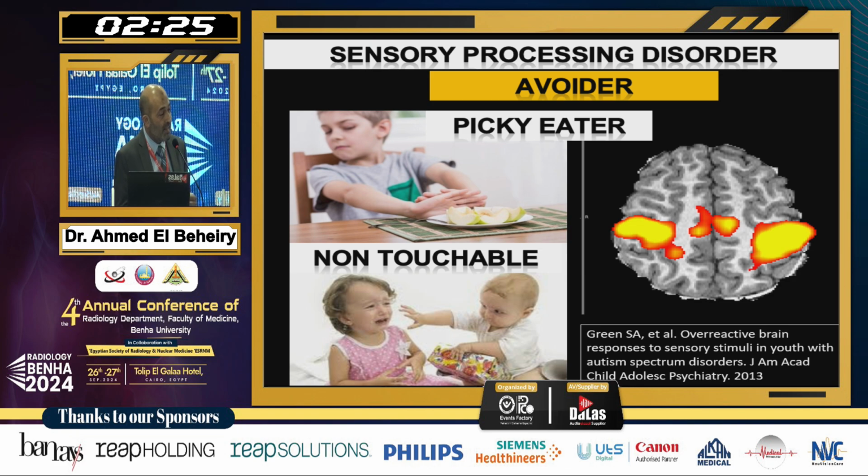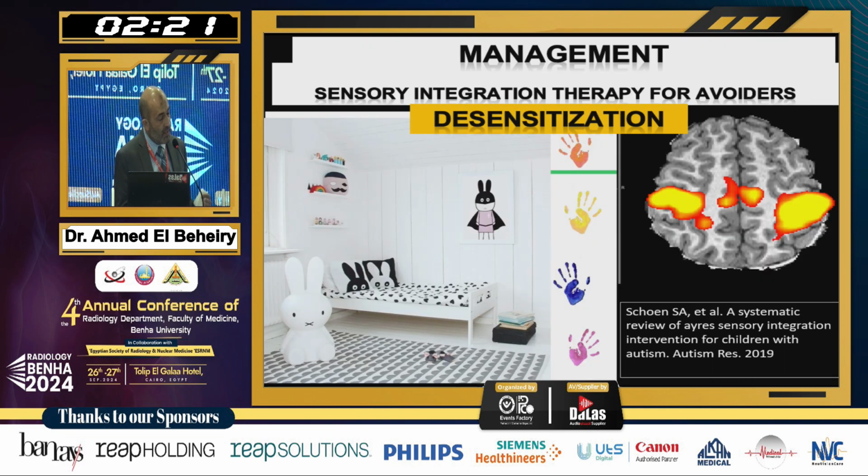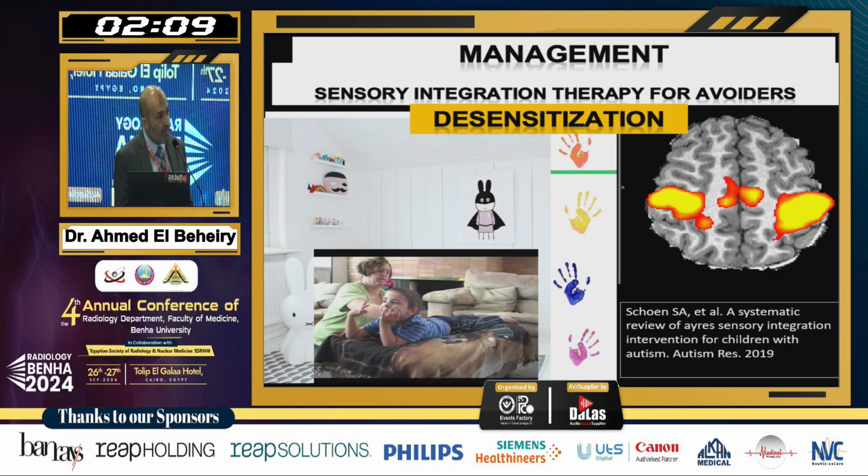He becomes non-touchable. He always cries when he is touched. Based on resting state fMRI diagnosing him as avoider, the management is known as sensory integration therapy. It aims to desensitize this child by reducing the colors of the surrounding environment and indulging him in physical training to get him accustomed to sensory stimuli.